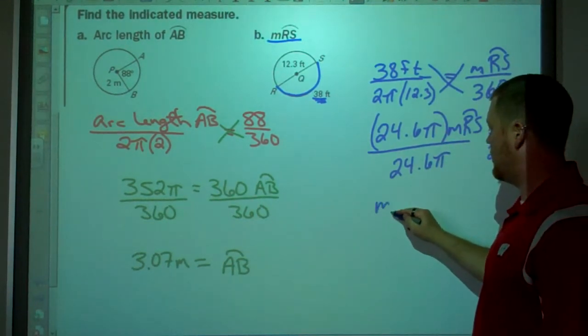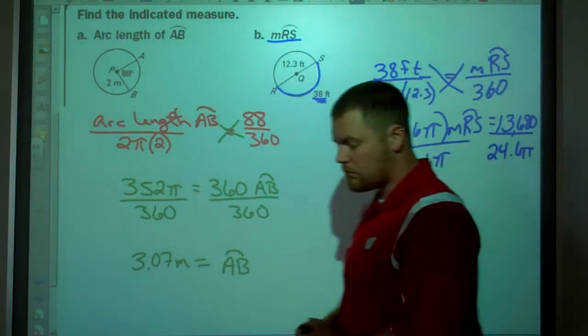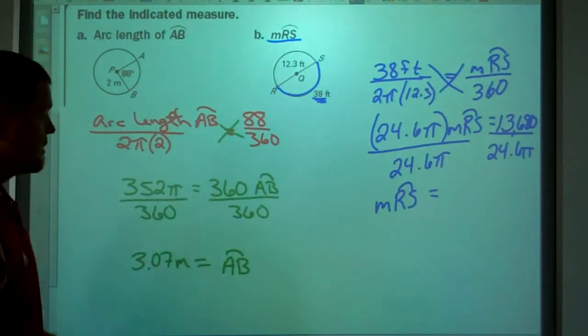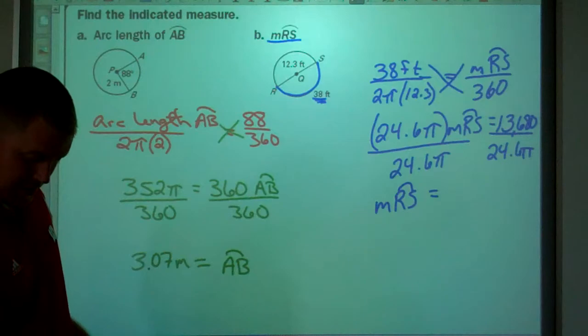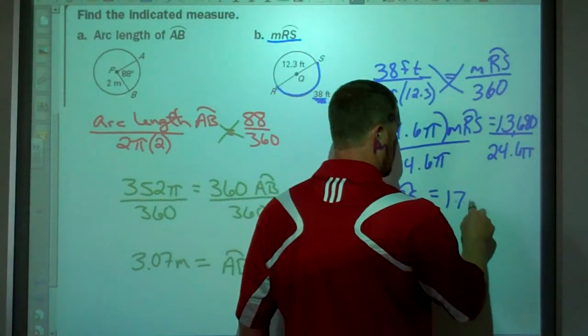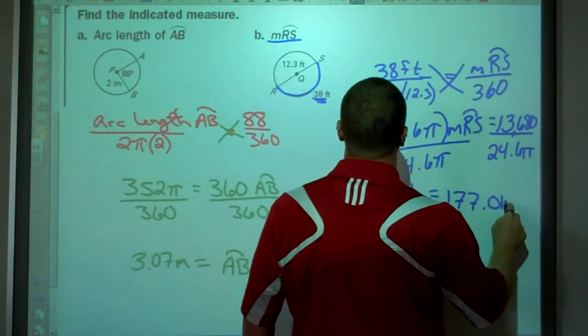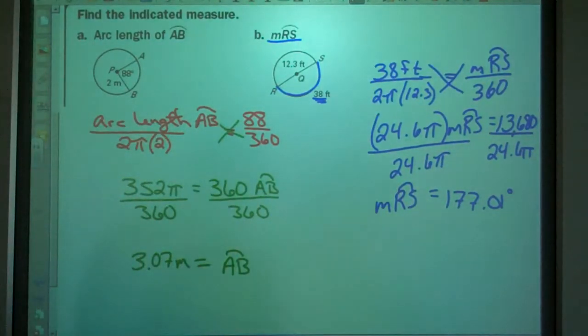So the measure of the arc RS equals 13,680 divided by 24.6 pi. 177.01 degrees. It's the measure of the arc, it's an angle measure, so we have the degree symbol.